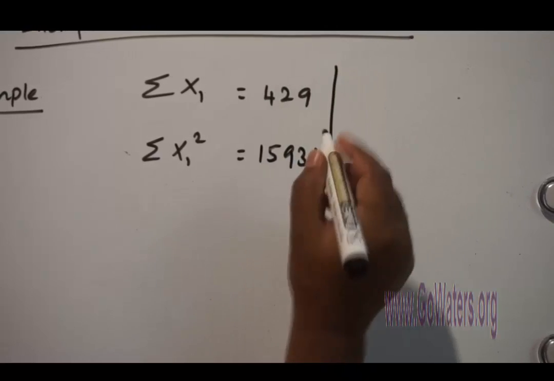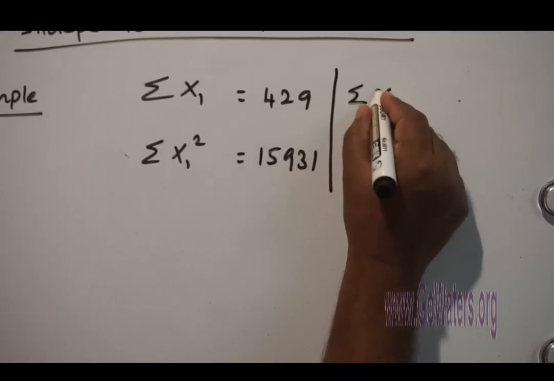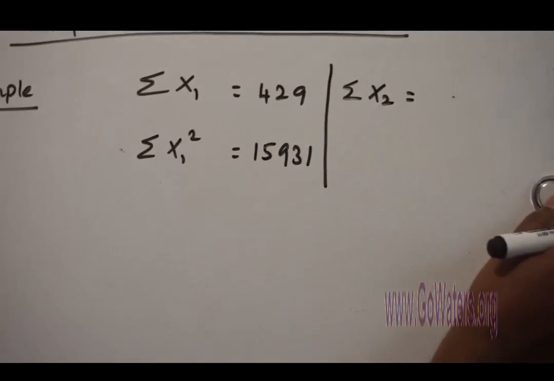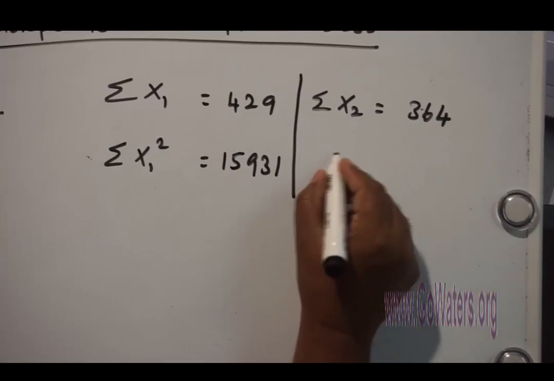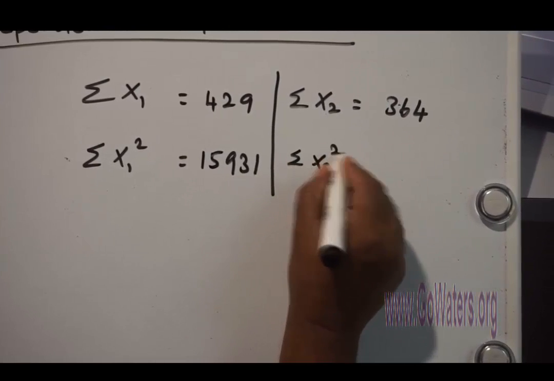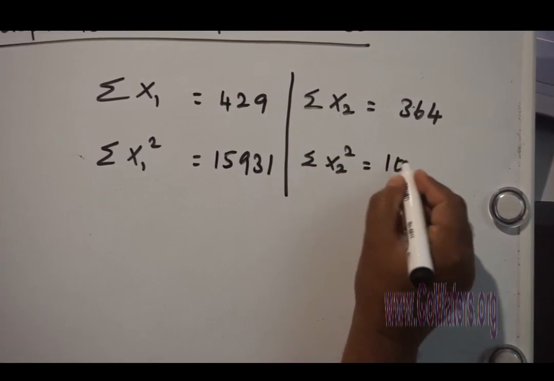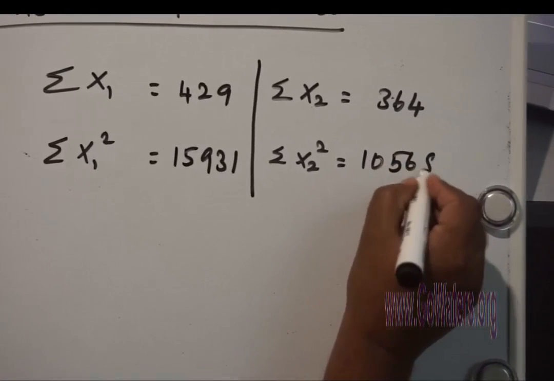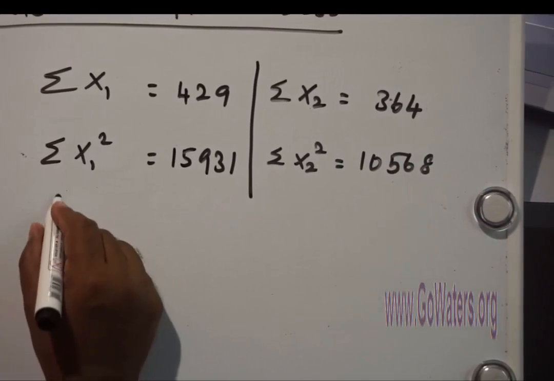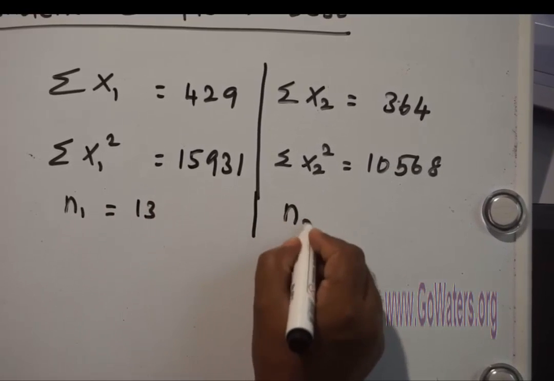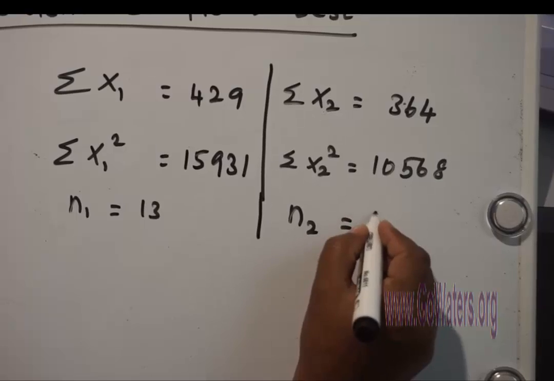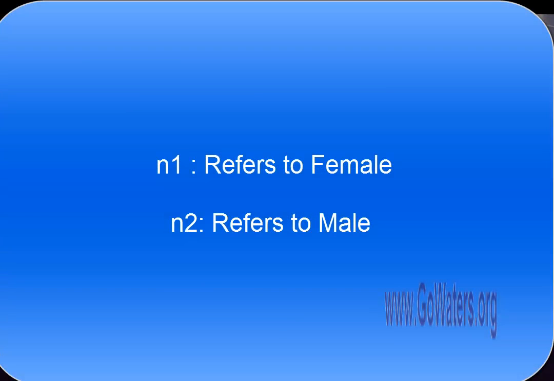Similarly, we want summation x2, the male information, which is 364, and summation x2 square is equal to 10,568. Here n1 equals 13 and n2 equals 14. So n1 refers to the female and n2 refers to the male.